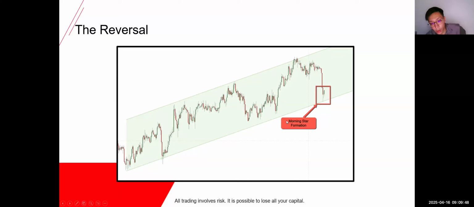Usually for morning star formation, I know a lot of people use it mainly for reversals. I believe you can use it for S&P 500. Later on, I'll show you guys. Just a sidetrack a little bit, do you guys remember the Trump tariffs, the 90-day pause on the tariffs?